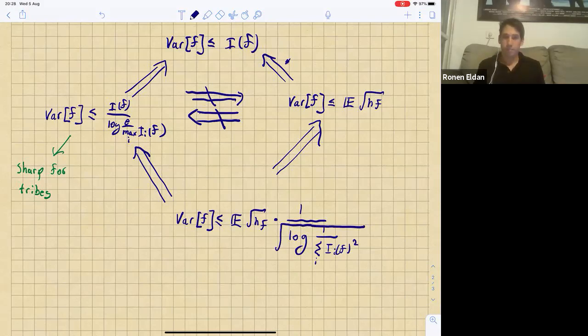Okay, so this is what Talagrand suggested. It's clear that this implication holds. And let me now also convince you that this implication holds as well.